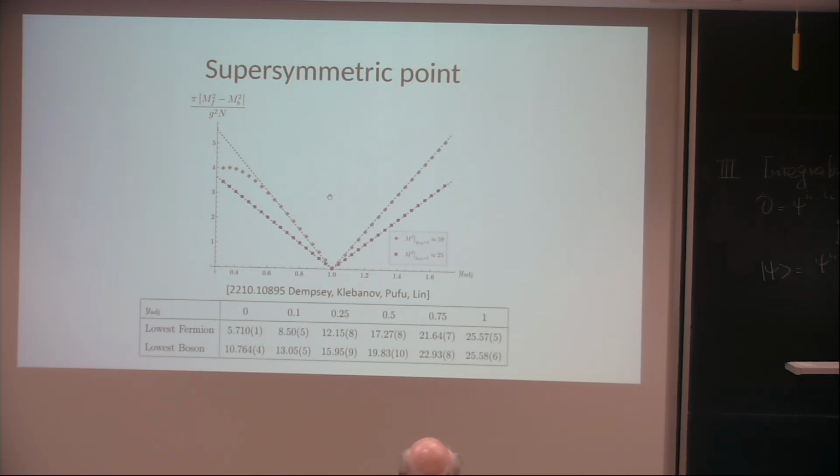Hence we expect that at some point they should intersect, and therefore it seems that it's just some coincidence. But if you study much more highly excited states, you will see that they all have a crossing at this particular point. So for each bosonic state you have a fermionic one, and for each fermionic one you have a bosonic one. Okay, so it seems that we have a supersymmetry at this point.